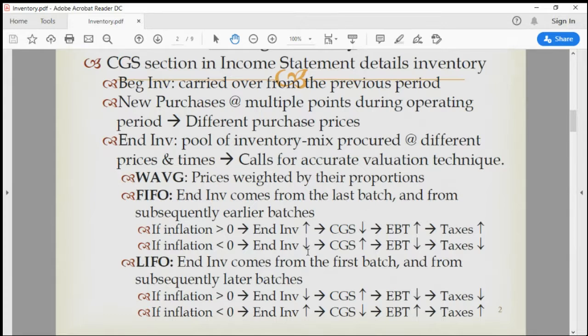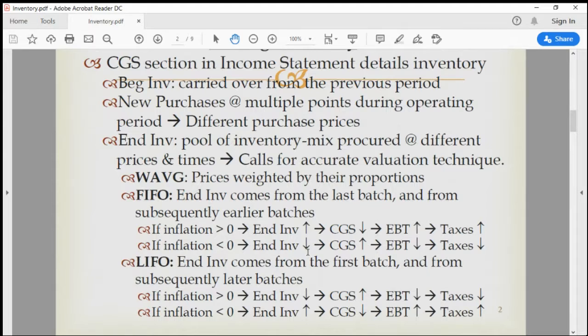But in reality, the IRS doesn't allow you to switch between LIFO and FIFO frequently. You can switch between LIFO and FIFO with the approval of the IRS, but you cannot do it frequently. You may change once every 10 years or every 20 years, but you cannot change frequently, like every year.